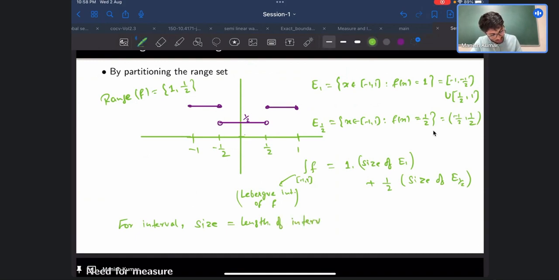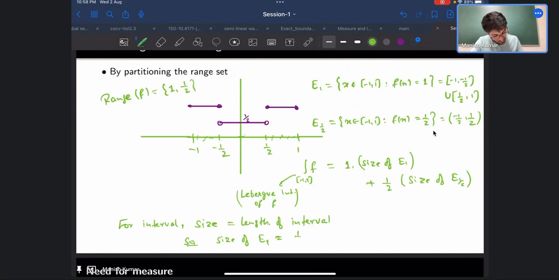So here you can easily calculate this thing. So the size of E1 will be nothing but, you know how to determine the size of these two units. Since these are disjoint, this is by common sense. So far I am just talking about common sense, that the size of this union will be nothing but the sum of these two, right?